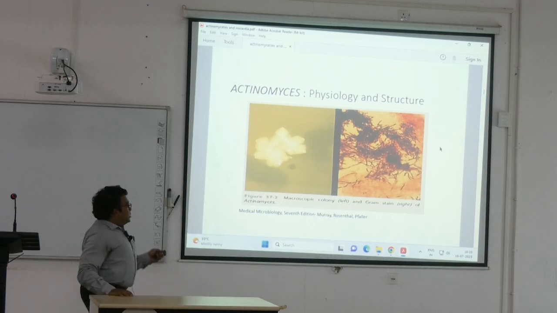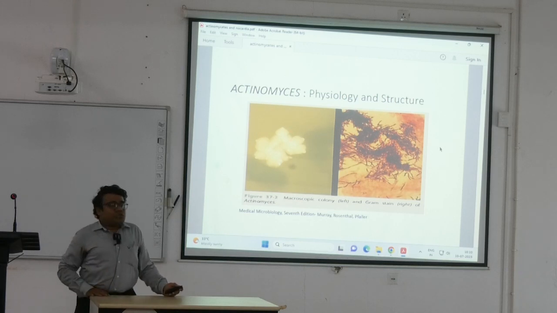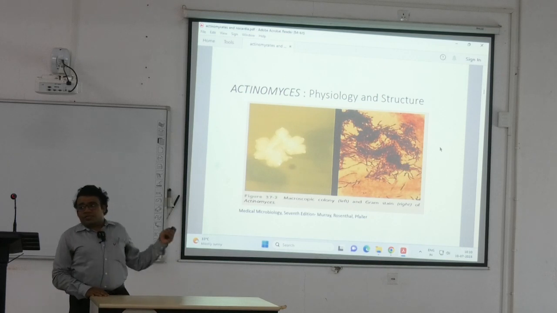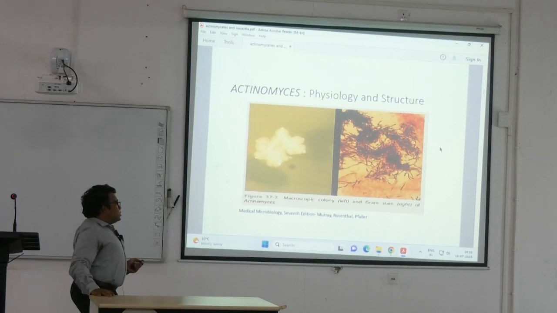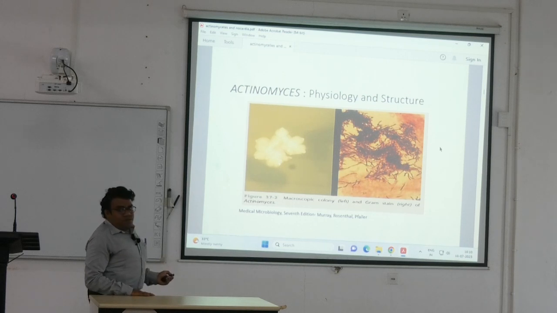They are much more raised, form clumps, and have hair-like projections. This is the reason why they were initially thought to be fungus. However, on gram stain, you can see thin, long, filamentous bacteria. Okay.